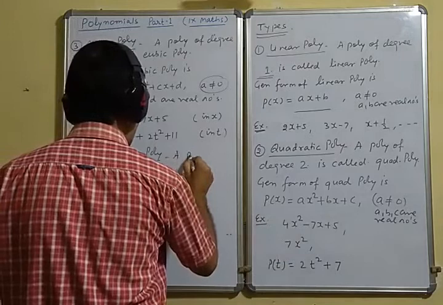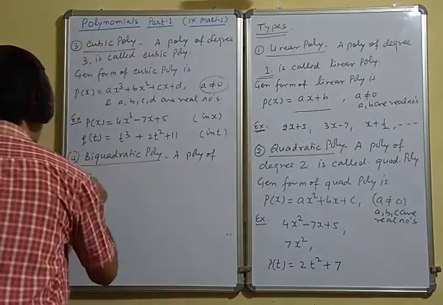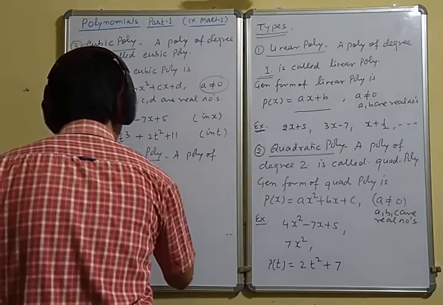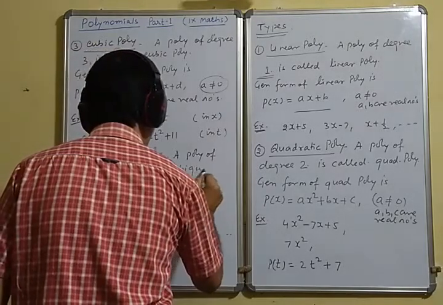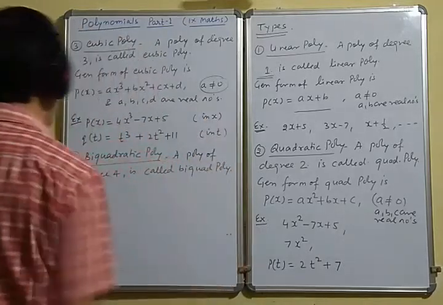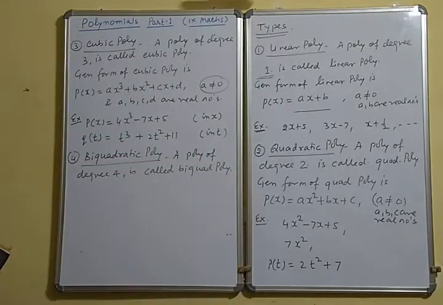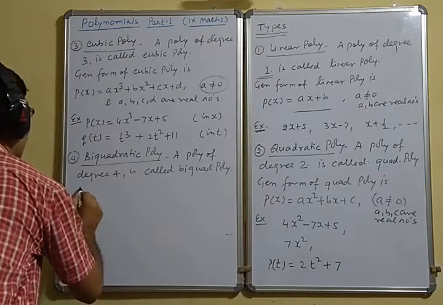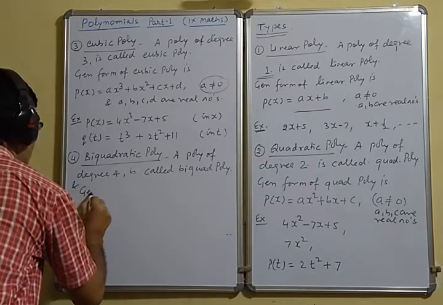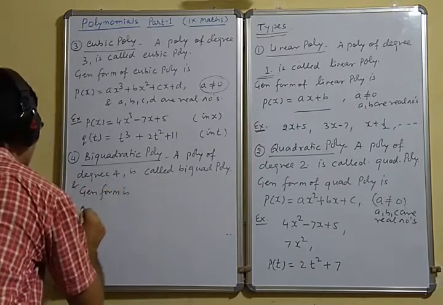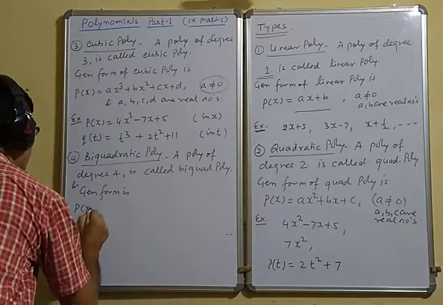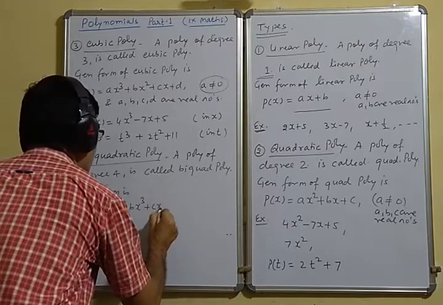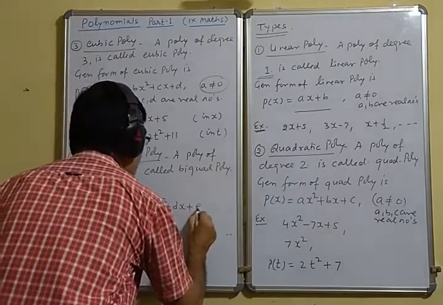A polynomial of degree 4 is called a biquadratic polynomial, and the general form is p(x) = ax⁴ + bx³ + cx² + dx + e.